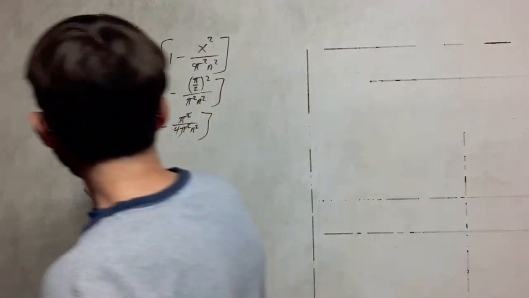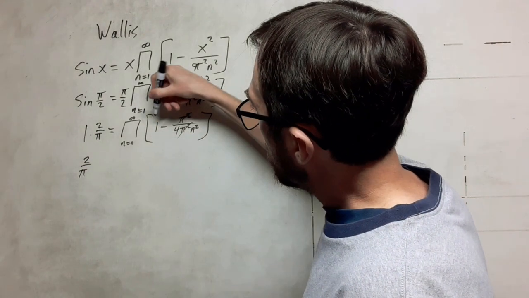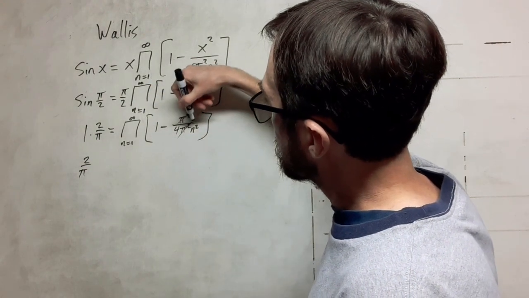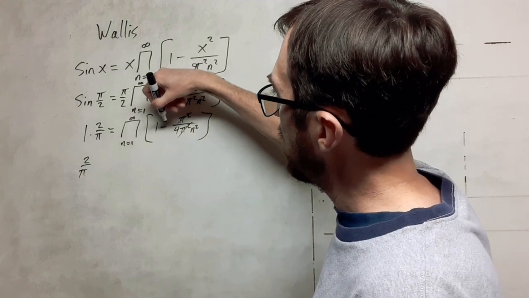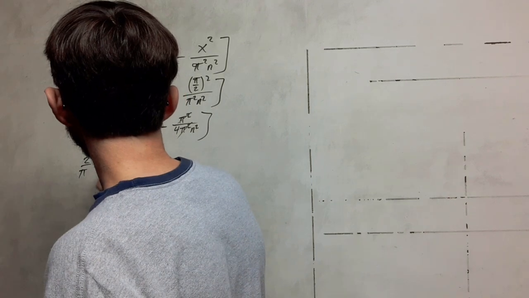Then we're going to subtract this fraction from 1. We're going to turn the 1 into a fraction with a common denominator.